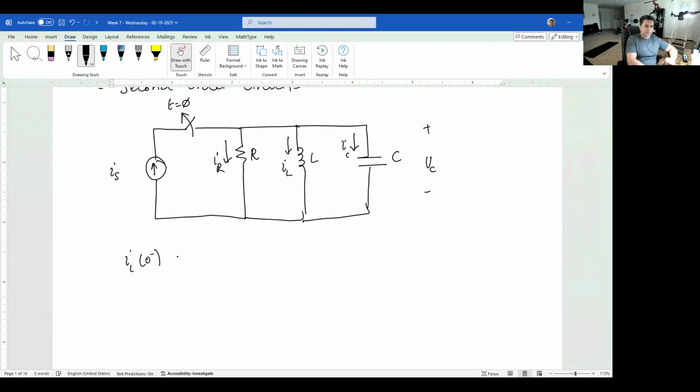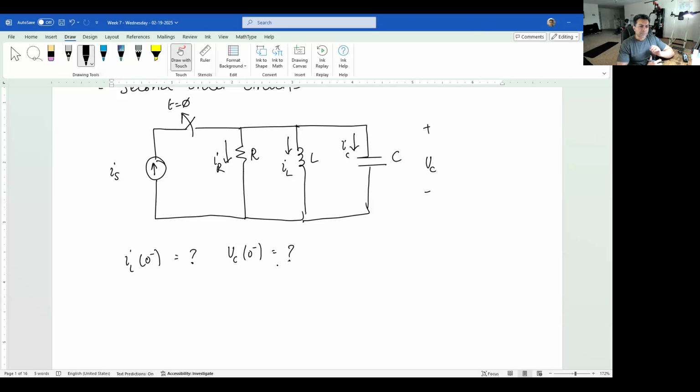What is the initial value of the inductor current just before the switch opens up or just before the change happens in the circuit? And we see 0 negative. So these two values we have to figure out because we're going to use these two values when the circuit is running for a very long time after the switch opens up. We're going to use these two values to figure out different coefficients in the equation.